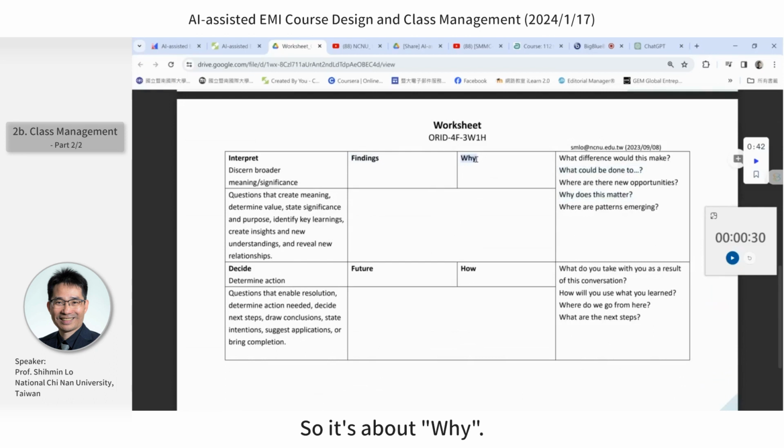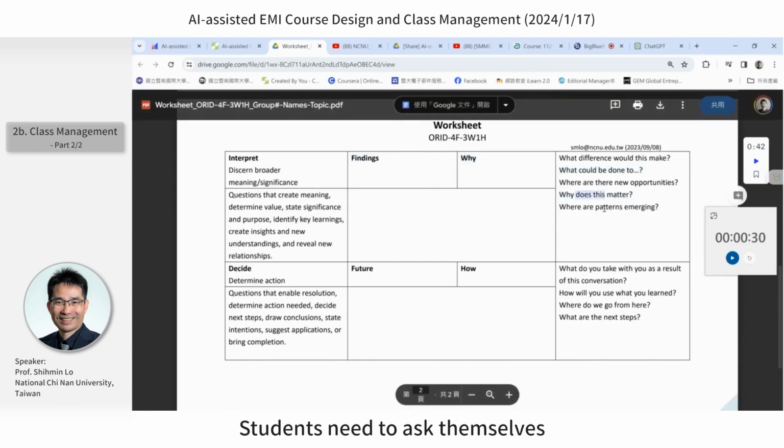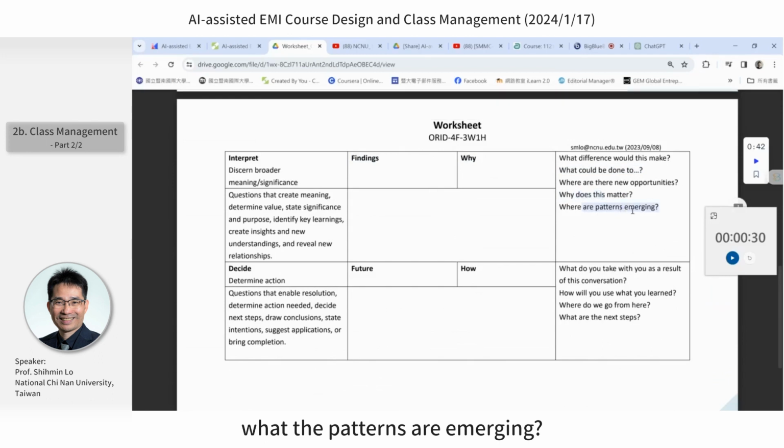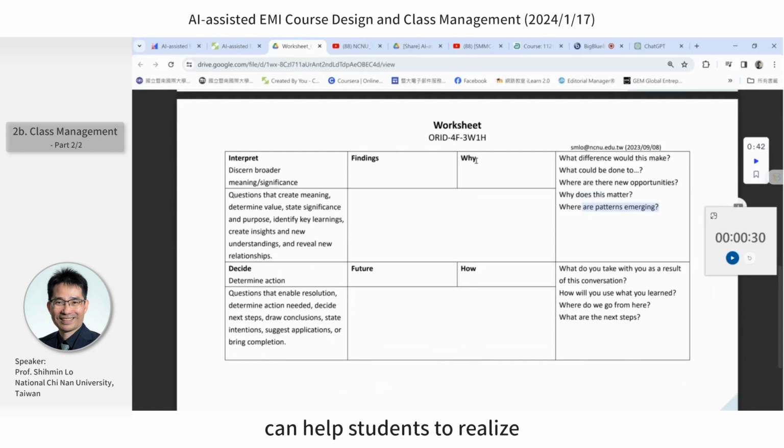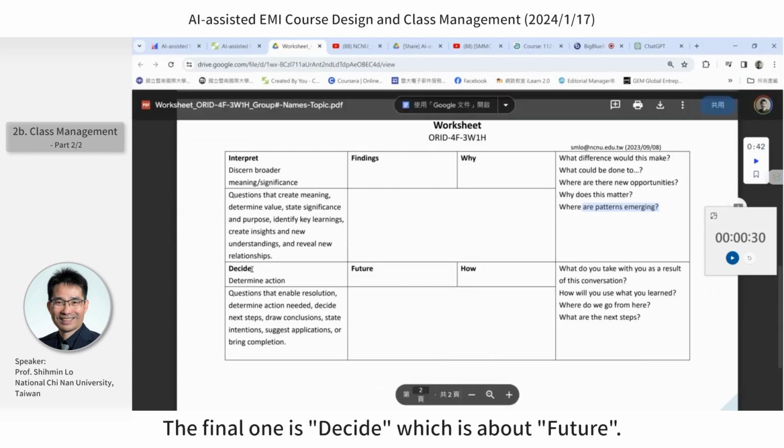So it's about why. So students need to ask themselves, what are the patterns emerging? All of these simple sentences can help students realize the underlying reason. And then the final one is decide, and it's about the future.